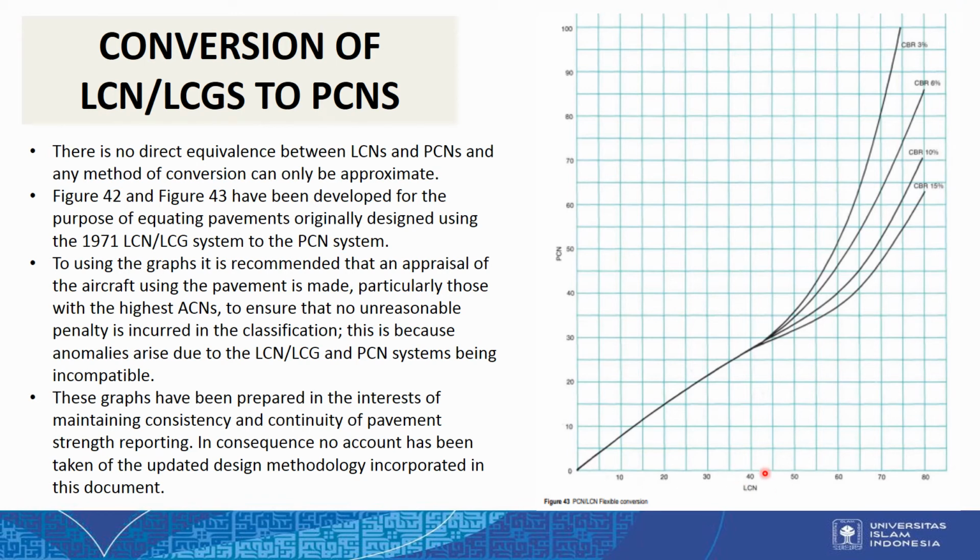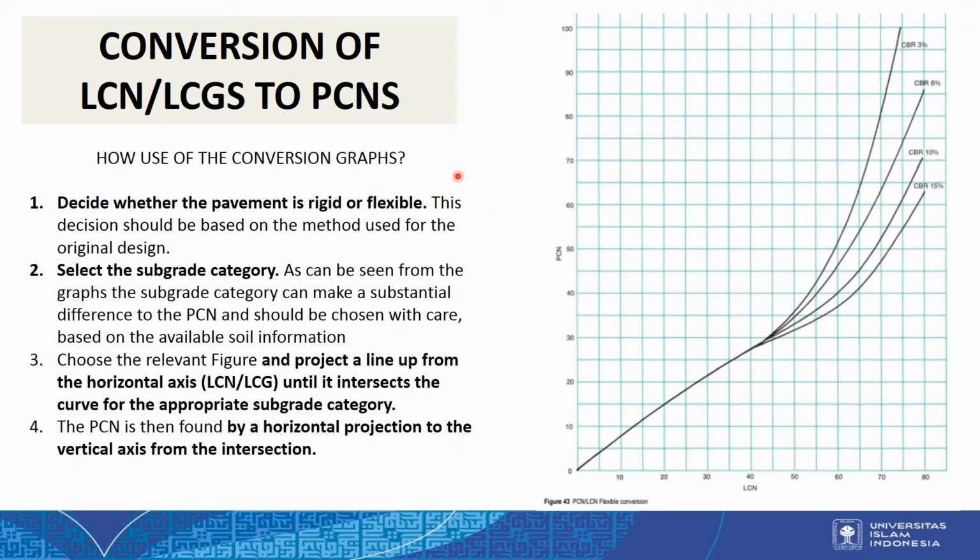If we have the number of LCN, we plot it here, and then we project it vertically until we meet the curve of the CBR here, the right CBR, based on the soil characteristic here, and after we meet this curve, we project it horizontally until we know the value of the PCN here. So this is how we use the conversion graphs.